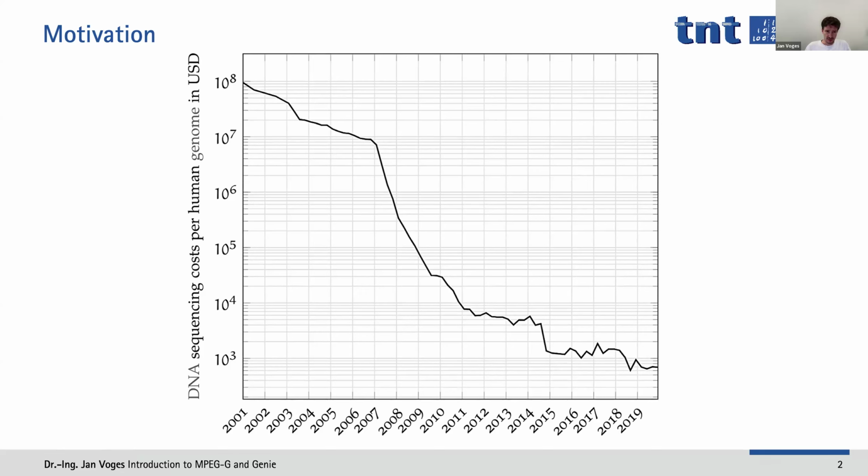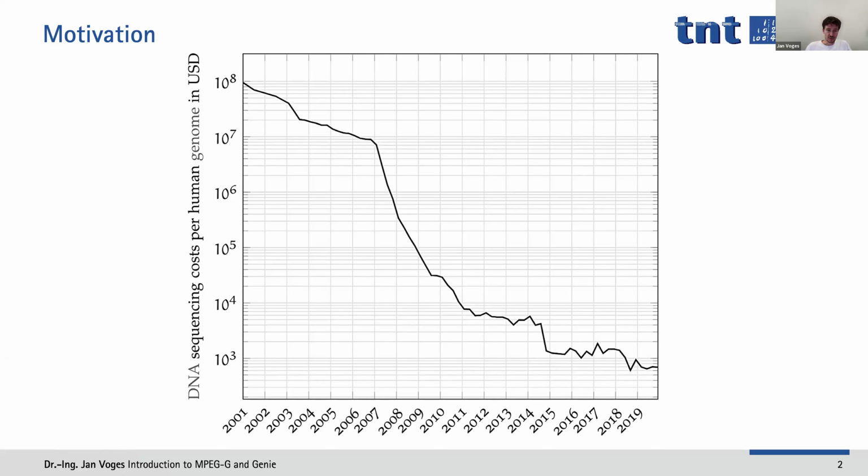The sequencing of the first human genome was a multi-billion-dollar effort by a large consortium. Then the sequencing costs dropped quite drastically in the recent, let's say, 2 decades. And right now we have sequencing costs which are a few $100s per human genome.